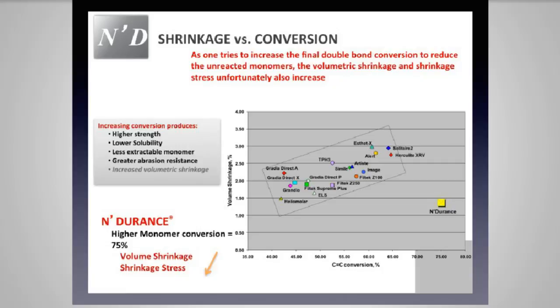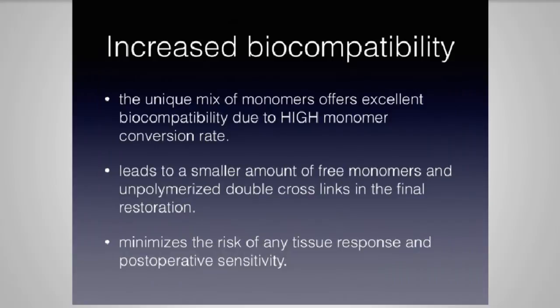So we have some interesting properties here that, in my work every single day, certainly make this a material of choice from an aesthetic point of view and from a functional point of view. This material gives us increased biocompatibility. In my work, biocompatibility is extraordinarily important, and this high monomer conversion rate is part of it.